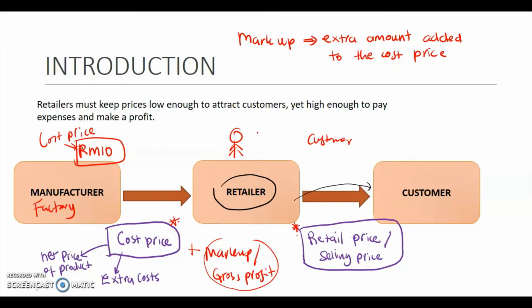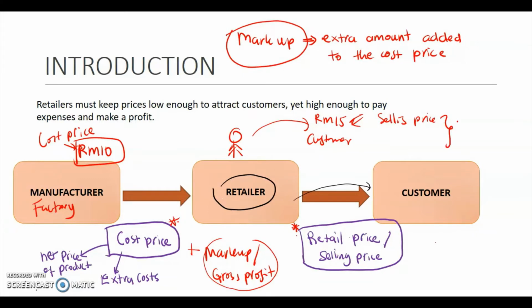Maybe the price you give to the customer is 15 ringgit. So the extra 5 ringgit is the amount added to the cost price, the amount of markup. And this 15 ringgit is known as the selling price or retail price.